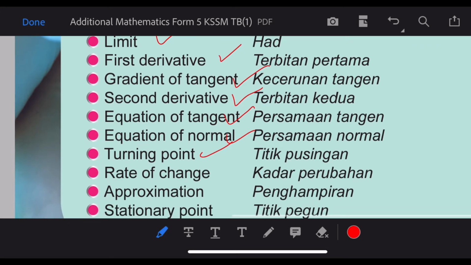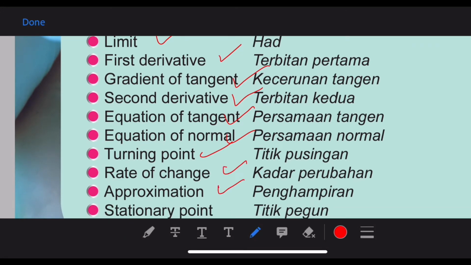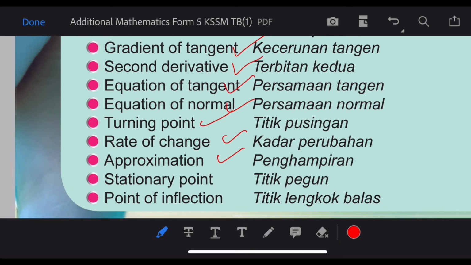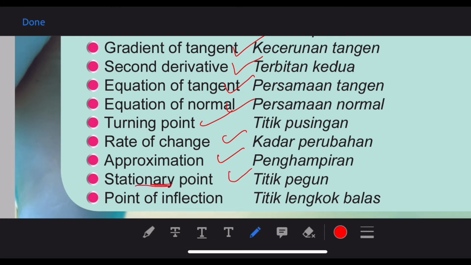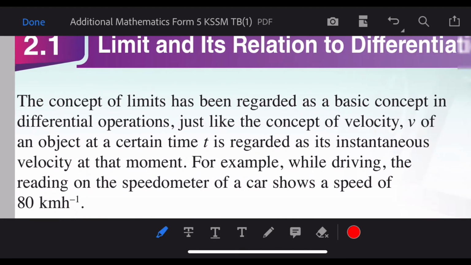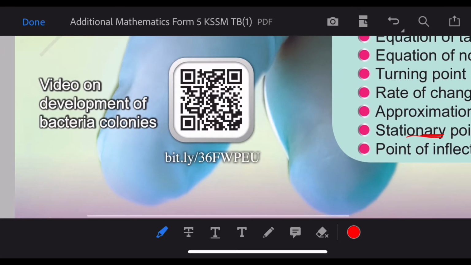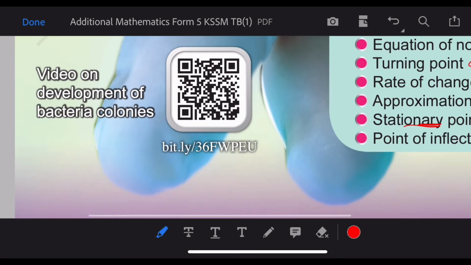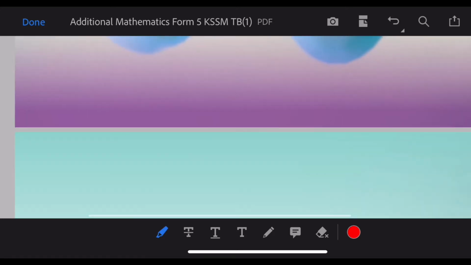Rate of change, approximation, stationary point, point of inflection. All these are keywords that you must know. There is a video on the development of bacteria colonies, you can scan it. You scan for a while, then you can have the video shown after this. Done.